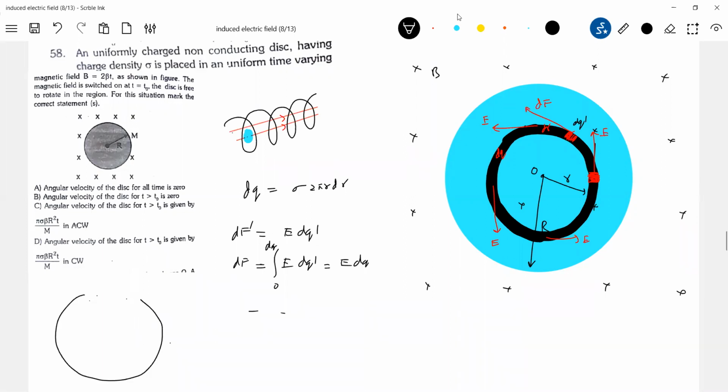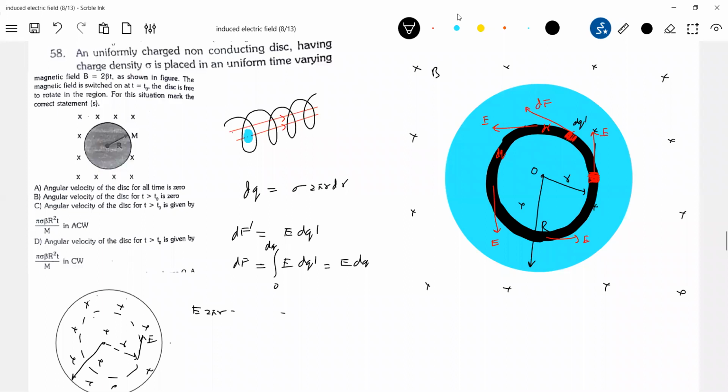This is a solenoid, at a distance r. This is E bar, and everywhere B bar is like this, no? Now what is this formula? E into 2 pi r equals effective area pi r square into dB by dt. dB by dt is 2 beta. So E equals 2 beta r. The 2 also cancels, so beta r will be the induced electric field.